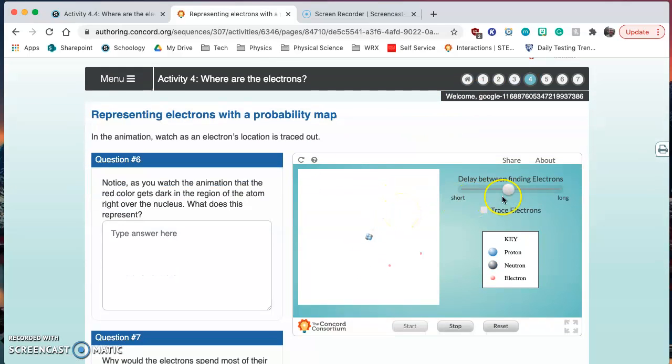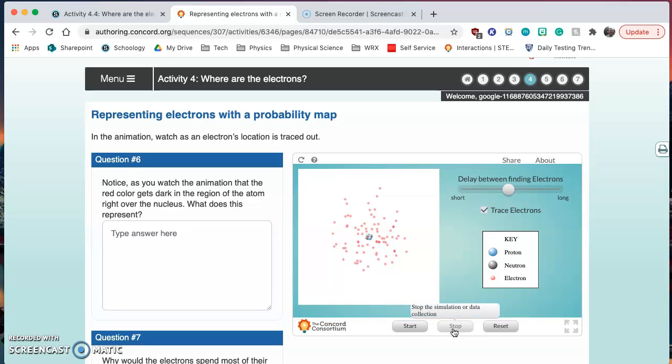Very similarly, I can take a look at more of an atom now. If I check that trace electron, it will trace where those electrons are bouncing around to, and you can see that there are darker ones and lighter ones. As you continue that on, what is happening is as it's getting darker, that means it's been there more than one time.